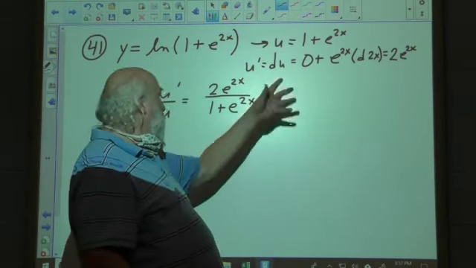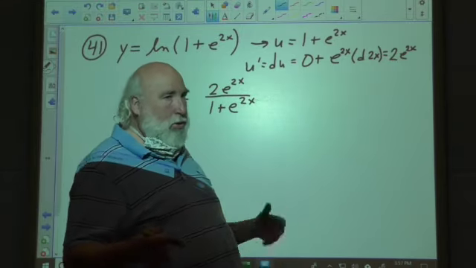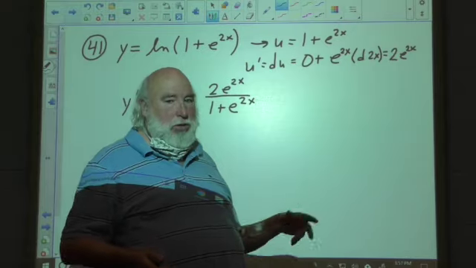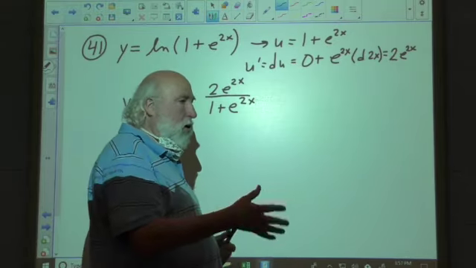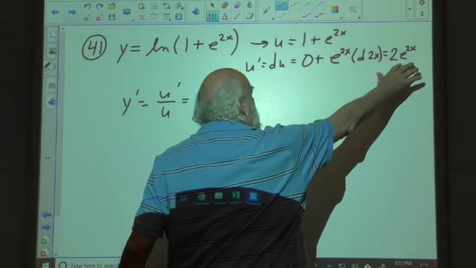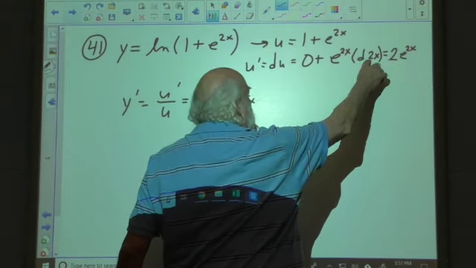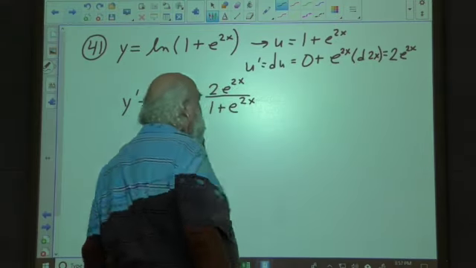So we could have used the u's in there, but you don't have to stop at using a u one time. You continue on to the next step doing that as well. Just make sure you plug back in before you end up with the final result. But you get 2 times e to the 2x power because the derivative of 2x is 2. So 2 times that gives us that.